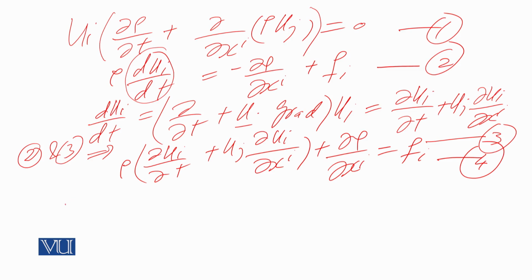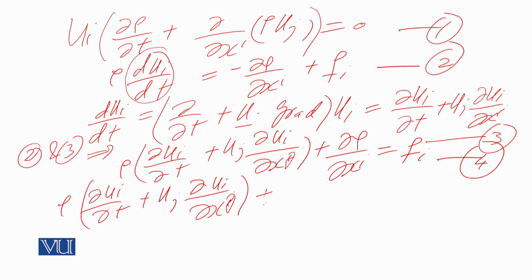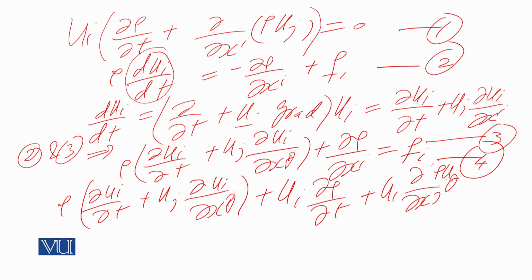Rho times partial u_i partial t plus u_j partial u_i partial x_j, and then plus u_i partial rho partial t plus u_i partial by partial x_j of rho u_j, and plus partial p by partial x_i is equal to f_i.